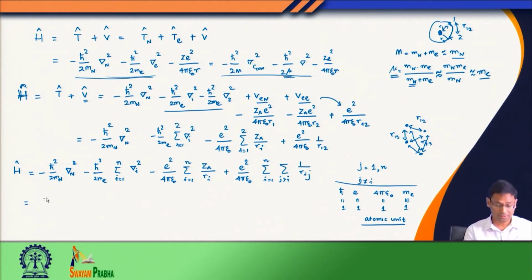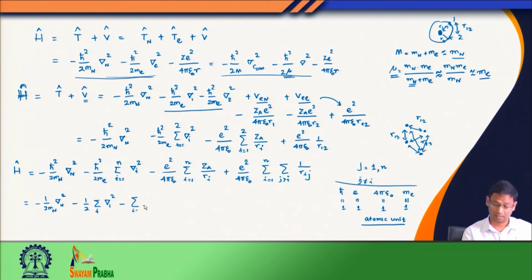When I write down the first term, h bar square is gone. So I have 1 over 2 m n, the Laplacian of the nucleus, minus 1 over 2 the Laplacian of the electrons, because h bar is gone and the mass of the electron is gone. The e square divided by 4 pi epsilon 0 is gone.